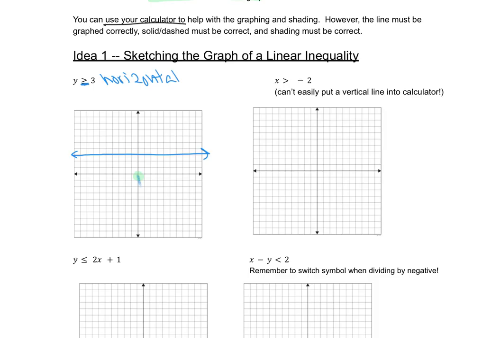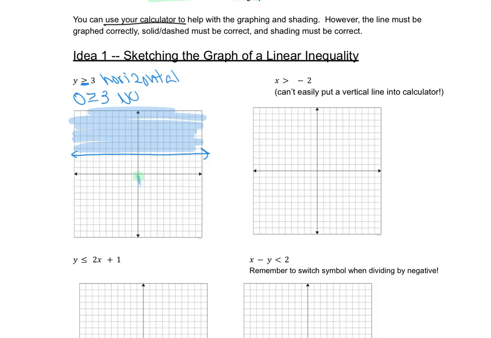So if we had 0, 0, that would mean y is 0, and we would ask ourselves, is 0 greater than or equal to 3? The answer is no, it is not. And so we would not shade where 0, 0 is. We would shade on the opposite part. So we would shade above, which is also logical because greater than would be above, less than would be below.